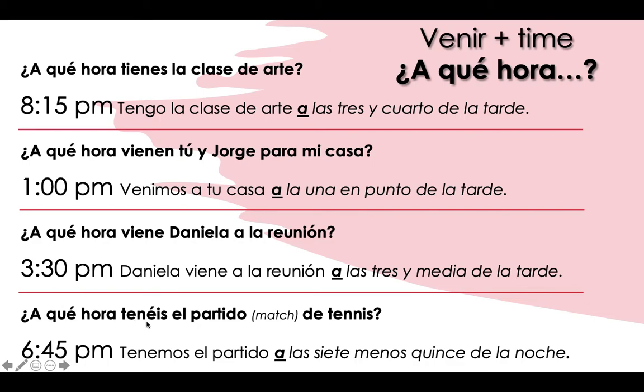¿A qué hora tenéis el partido de tenis? Tenemos el partido a las 7 menos 15 de la noche.